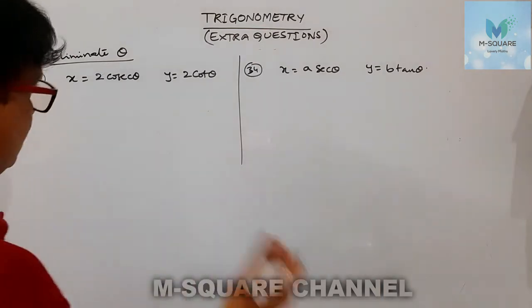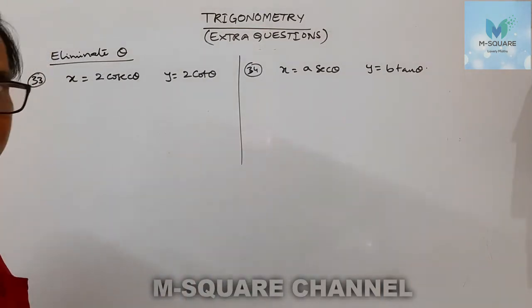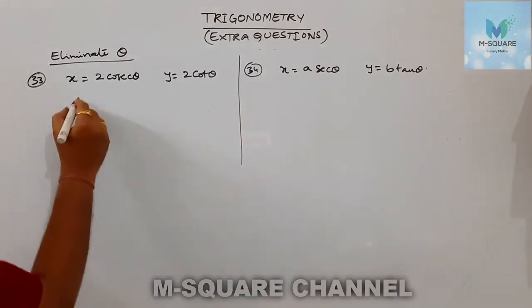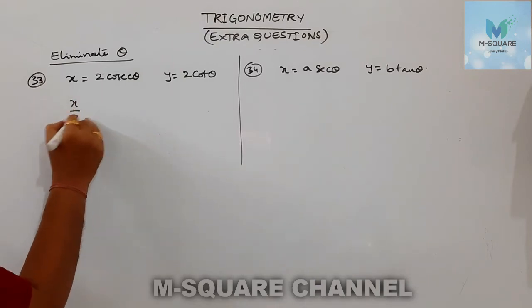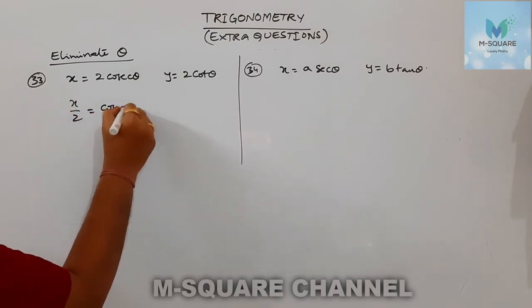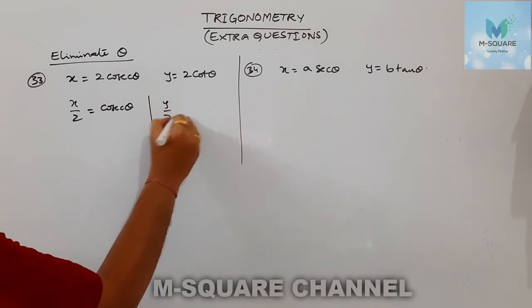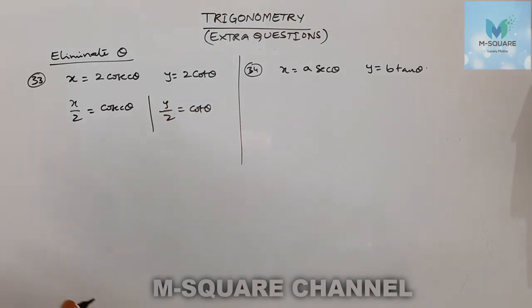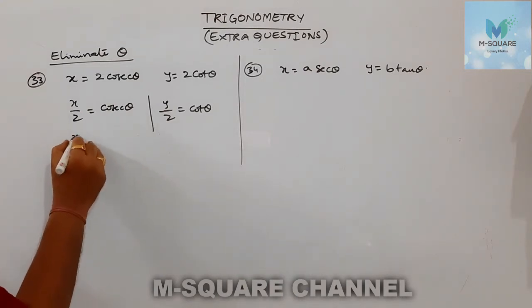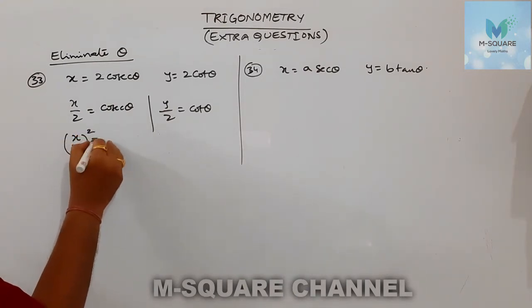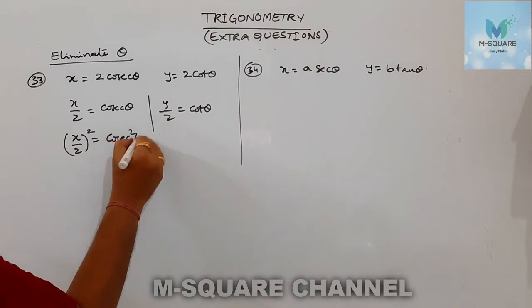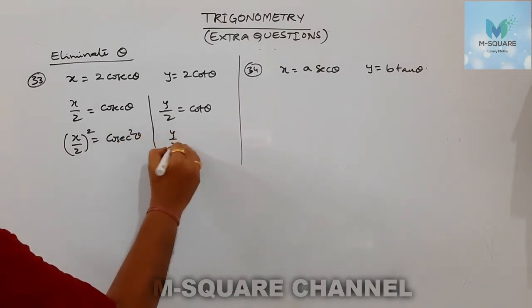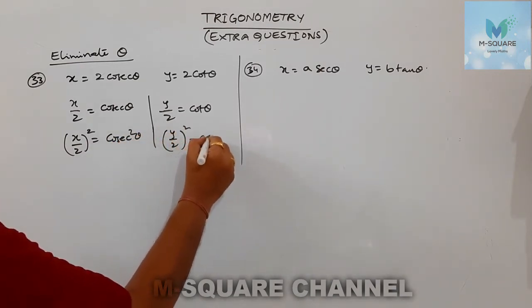Cosecant square theta minus cot square theta equal to 1. So x by 2 equal to cosecant theta, y by 2 equal to cot theta. Then x by 2 whole square equal to cosecant square theta, y by 2 whole square equal to cot square theta.